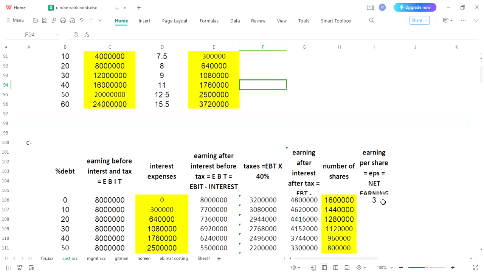So first earning per share we have calculated, that is 3, and then how we are calculating earning per share? Total earning, net earning divided by number of shares. So we have got our second EPS 3.2. This is your net earning divided by number of shares. You will get EPS or earning per share.